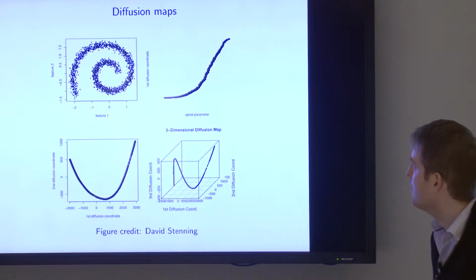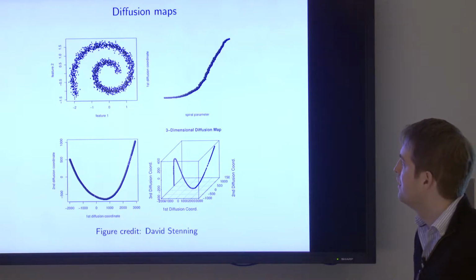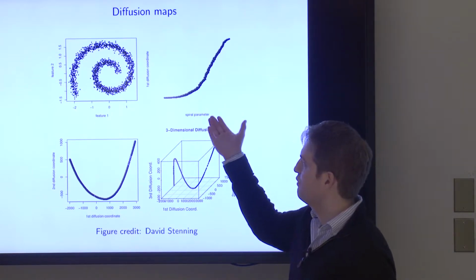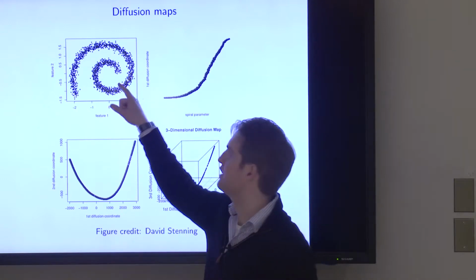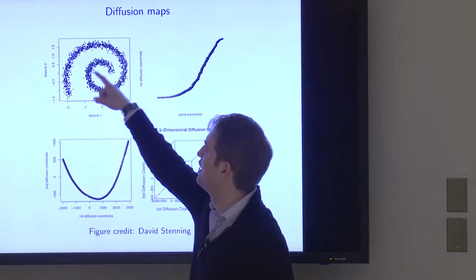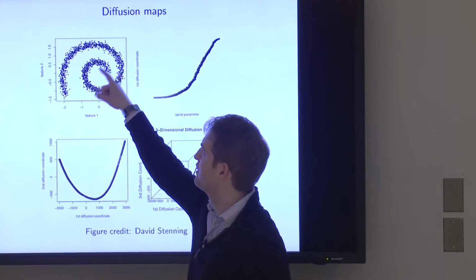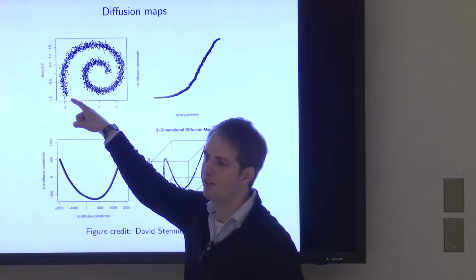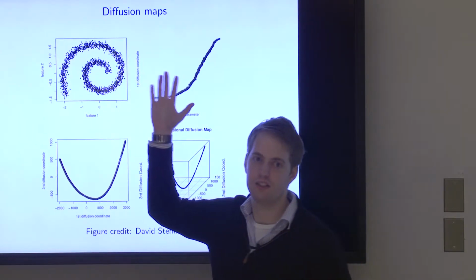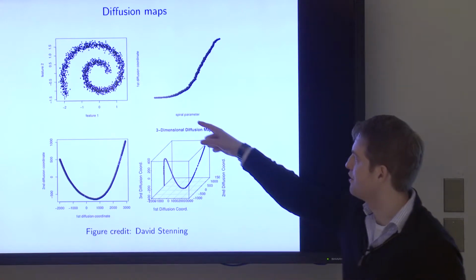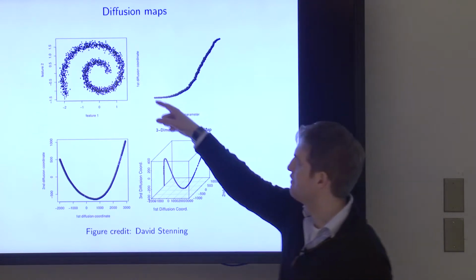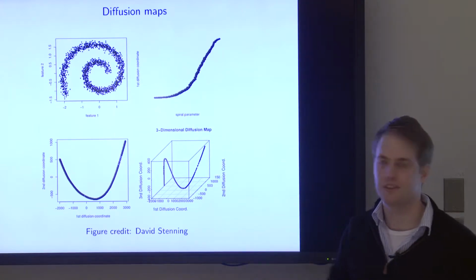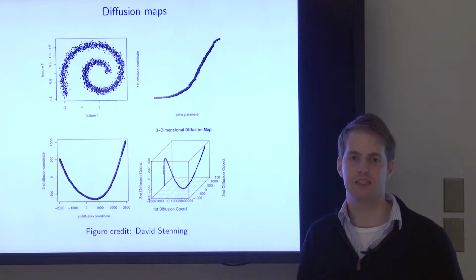So to illustrate what it's doing, if you just parameterize the spiral as saying this is point 0, and then as you go along you go all the way to 1, right? So here's the spiral parameter, and here's the first diffusion map coordinate. You can see that they're very closely related.